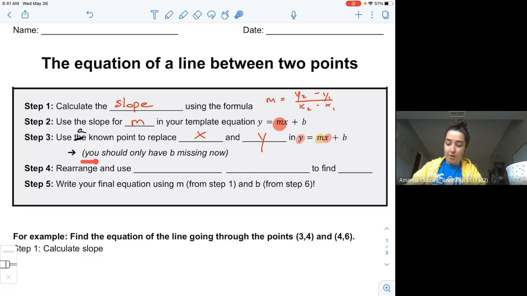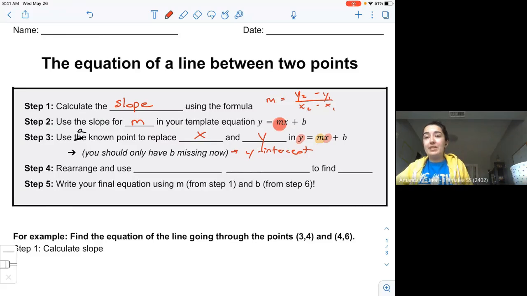That's what I have written down here. You should only have b missing now. So b is always going to be there. And b is our y-intercept, right? We need to figure out what the y-intercept is in order to have a complete equation.